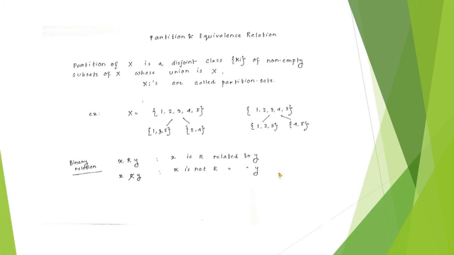Now if X is the set of all points in the coordinate plane, then we can partition X in such a way that each partition set consists of all points with the same X coordinate, or each partition set consists of all points with the same Y coordinate.